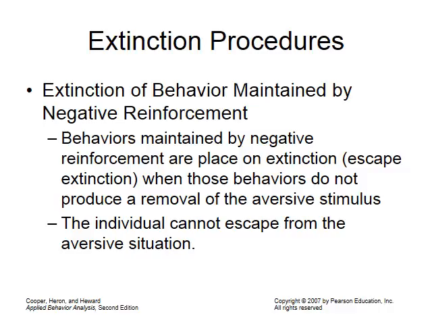The rat learns to stop the shock by pushing the lever, so it's maintained by negative reinforcement. If we put this on extinction, the rat is shocked, but pushing the lever does not remove the shock. This is escape extinction, and eventually the rat will stop pushing the lever.